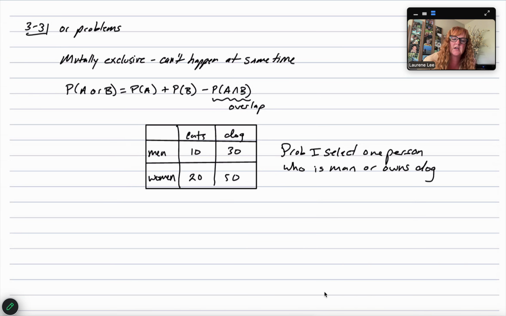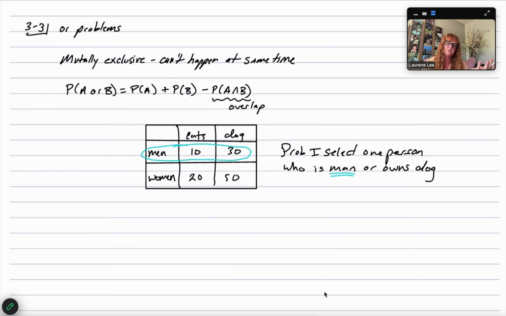Now, let's just look at this, and I think you'll understand the overlap after you see it in this context. The first question I have is, what's the probability that I'm going to select a man? So these are all the men in my survey. And typically your homework's going to have these totaled up for you, but we'll just do that in our head. So I've got 10 men who own a cat, 30 who own a dog.